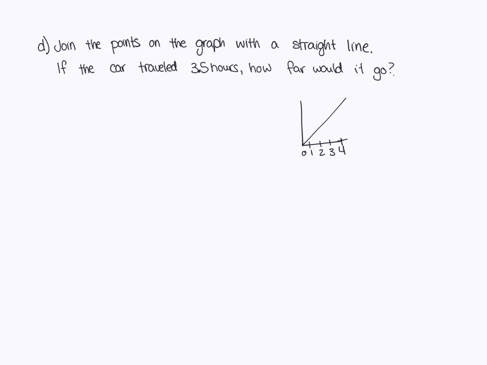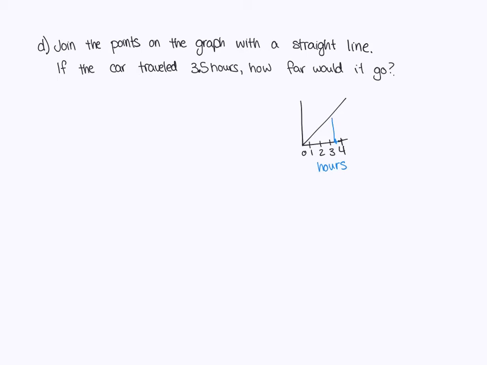Now, the next part tells you to join the points with a straight line, and then if the car traveled 3.5 hours, how far would it go? Now, I have not drawn an actual graph, but I've given you just a little quick one here. When it's asking for 3.5 hours, your hours are along the bottom, so you would be looking halfway between 3 and 4.